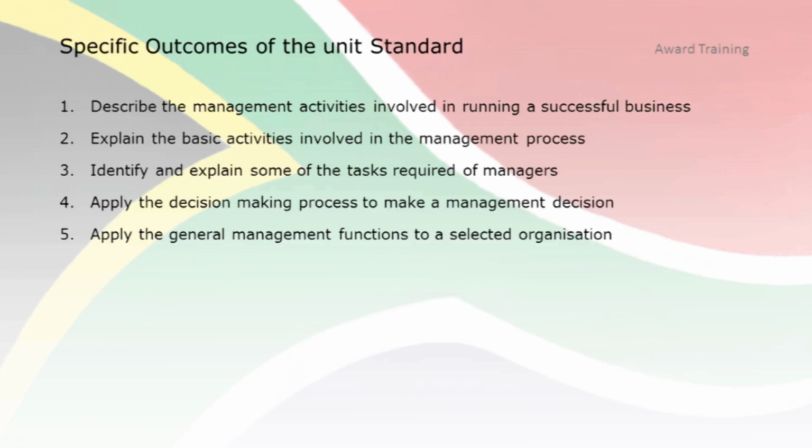Explain the basic activities involved in the management process. Identify and explain some of the tasks required of managers. Apply the decision-making process to make a management decision. And lastly, apply the general management functions to a selected organization.